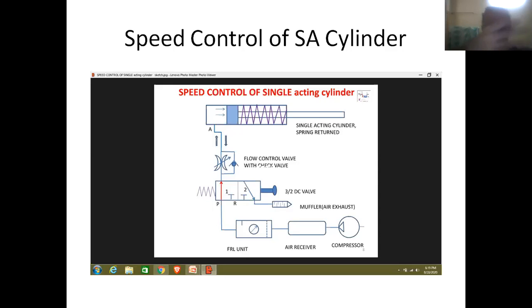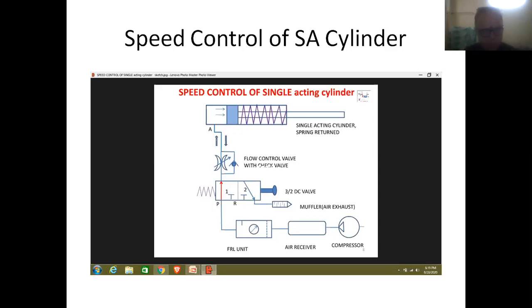So air coming out of the circuit will be producing a lot of sound and noise. Therefore, the exhaust pipelines are covered by means of mufflers for reducing the sound intensity of fluids.